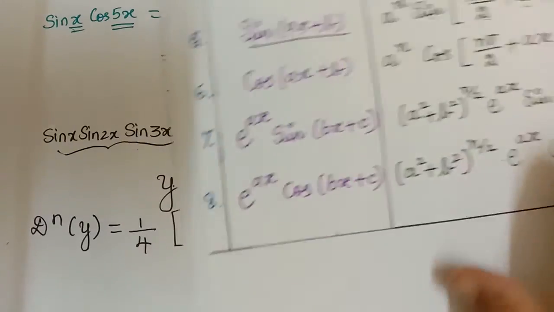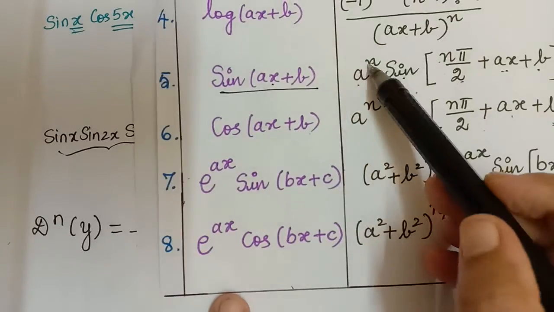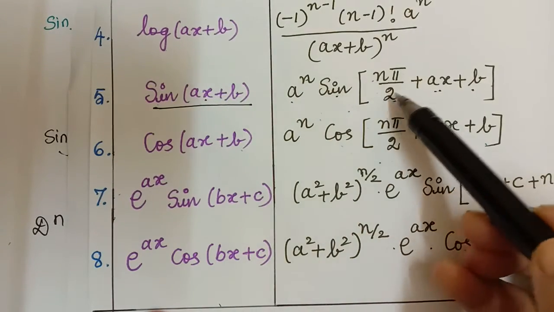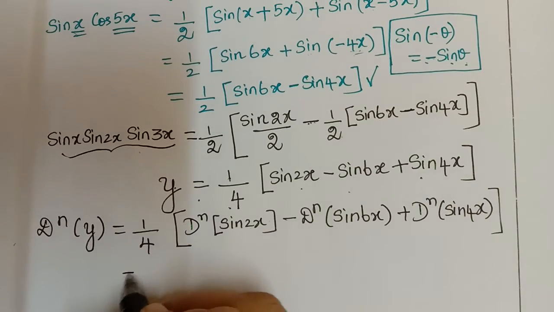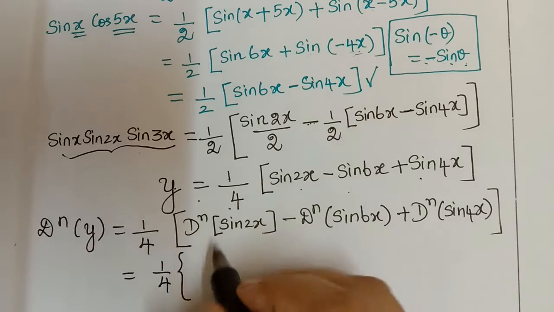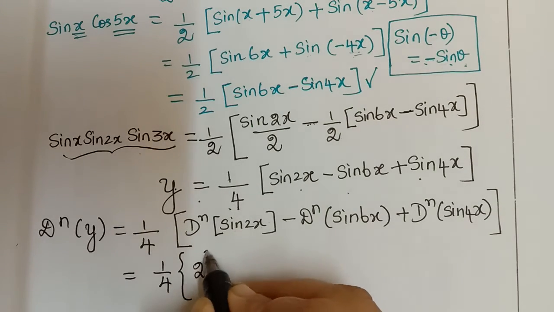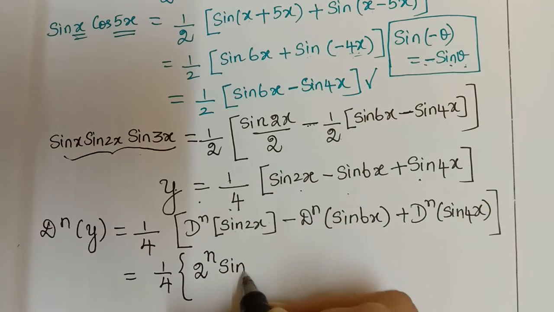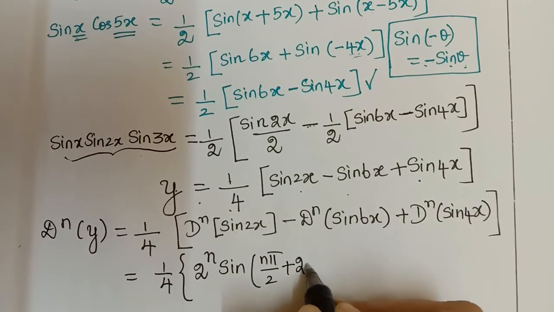So the nth derivative of sine 2x will be 2 power n sine of n pi by 2 plus 2x. So we shall write that here. So that is equal to 1 by 4 multiplied with the nth derivative of sine 2x, which is 2 power n sine of n pi by 2 plus 2x.